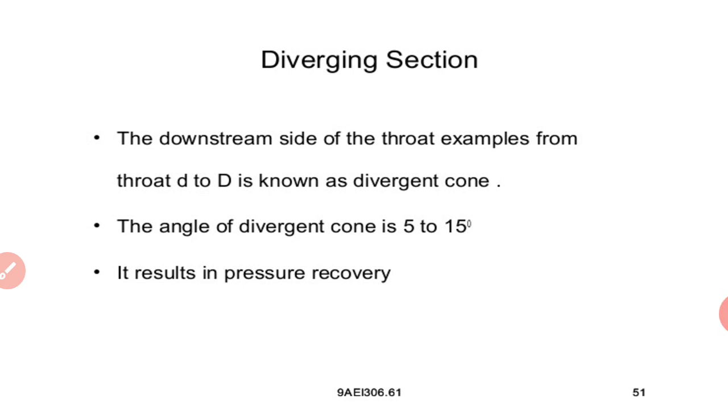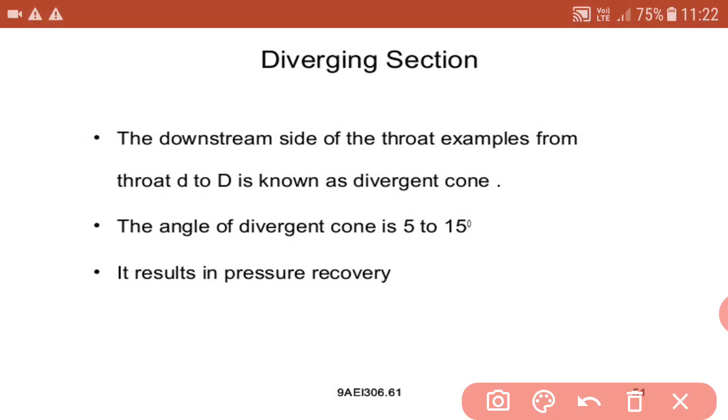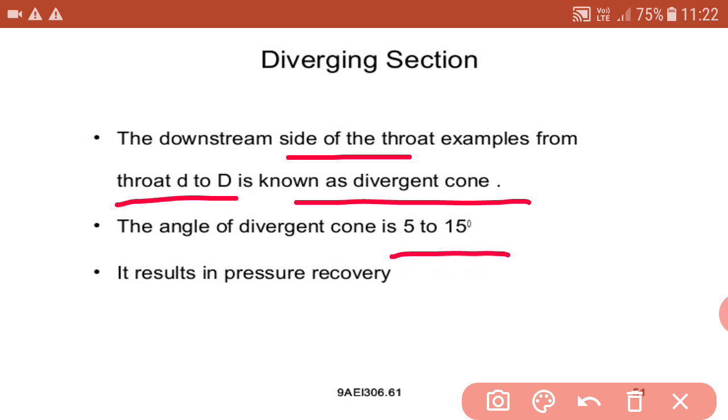Now another section is the diverging section. The downstream side of the throat, where the diameter goes from small d to capital D, is known as the divergent cone. Whenever the diameter goes from small d to capital D, this section is known as the diverging cone or diverging section. The angle of a divergent cone is 5 to 15 degrees.